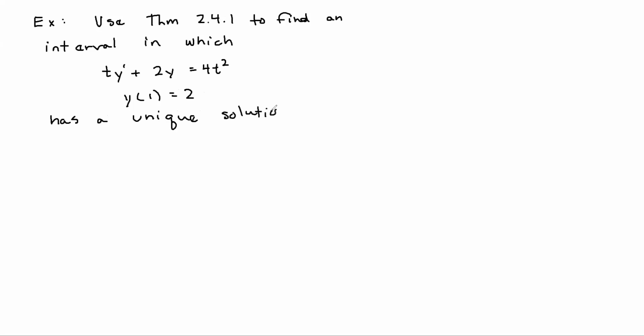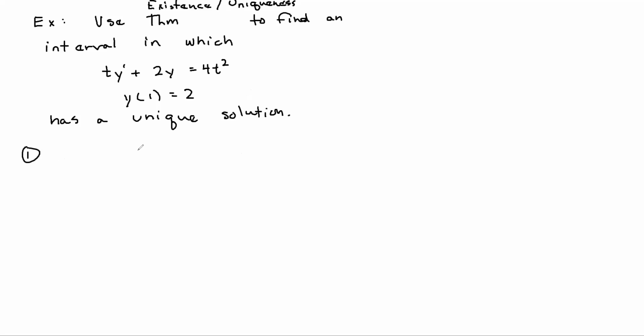Here's an example problem we can do. Use Theorem 2.4.1, sorry, that's from the textbook we're using. Use the existence/uniqueness theorem to find an interval in which ty prime plus 2y equals 4t squared, and y of 1 equals 2, has a unique solution. You could break this down into a couple steps.